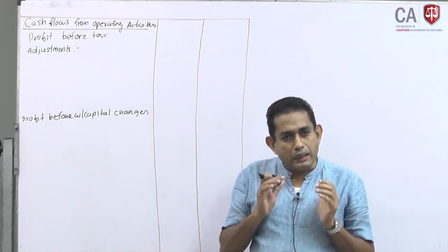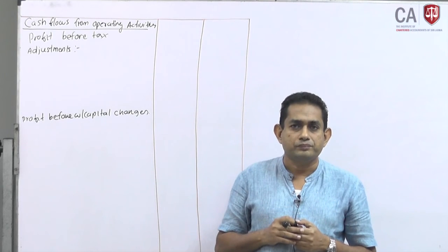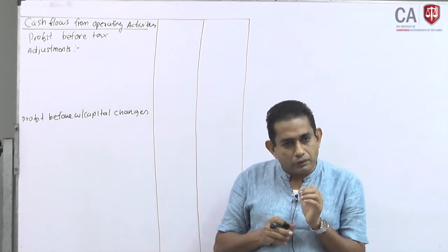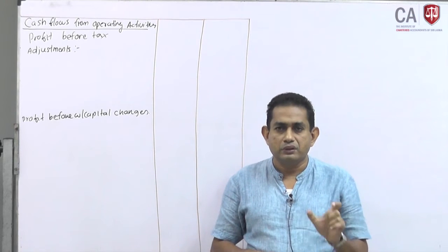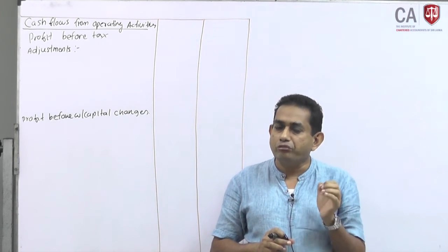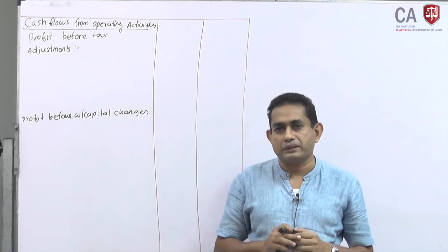It is under current assets and current liabilities where the effects of accrual transactions are recorded. Inventory has to be the effect of accrual transactions.